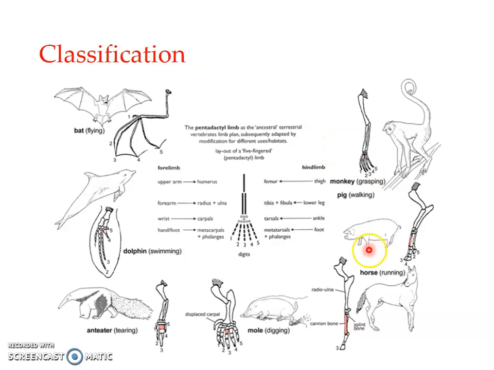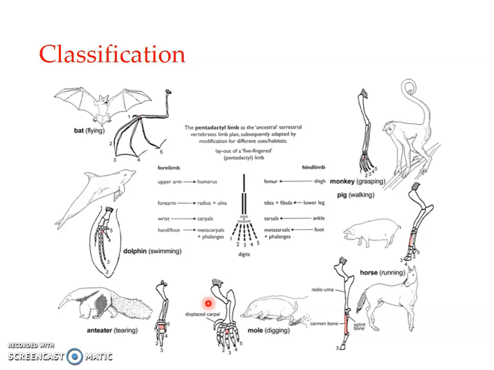Okay, so this is what is referred to as homology. Homology refers to structures, body parts with a similar pattern and the same origin, but externally they will look different because of adaptation for the specific functions they are used for.